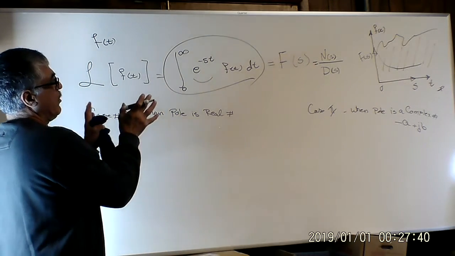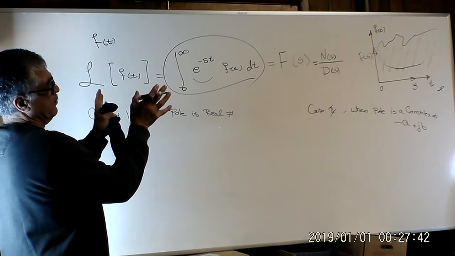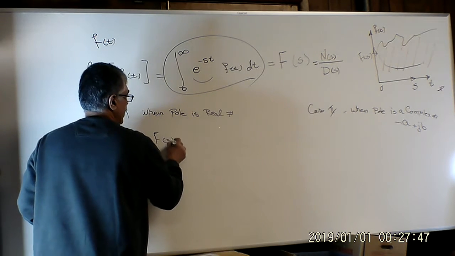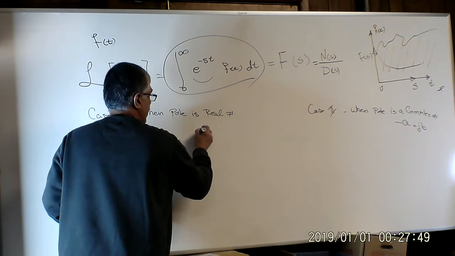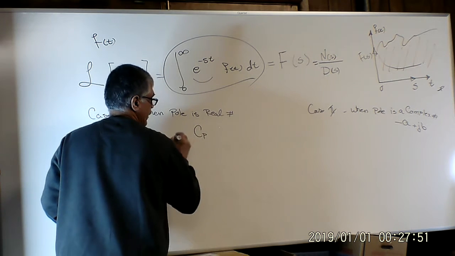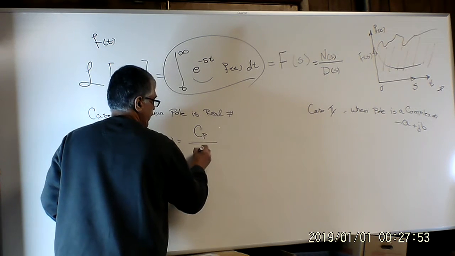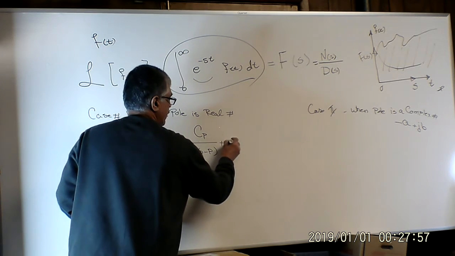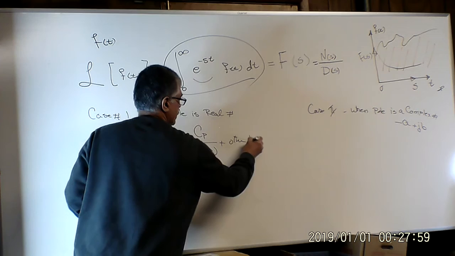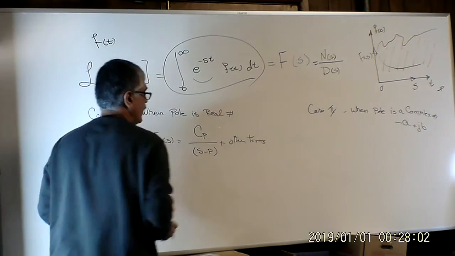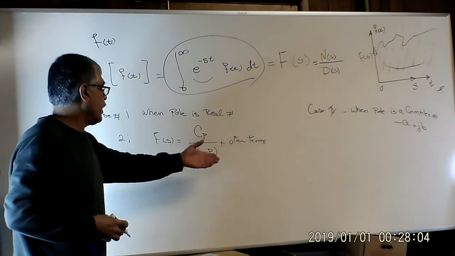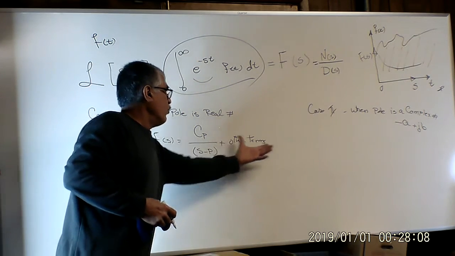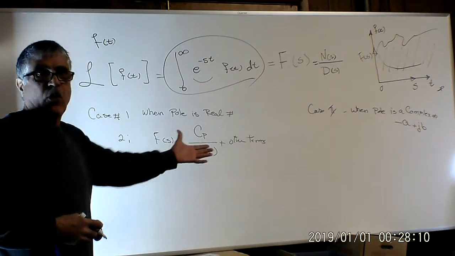Our new function F(s) will usually be in the form of that constant associated with each pole divided by s minus p, plus other terms. If we have more poles, there will be more terms added into our function.